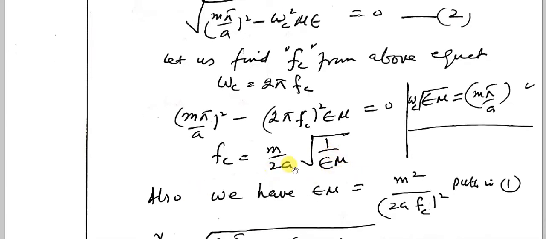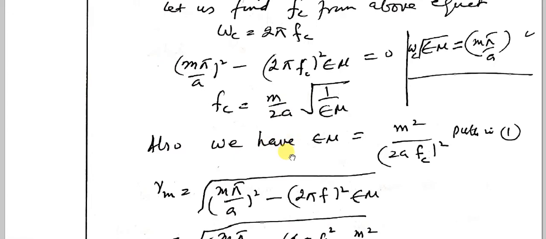Since we have this, omega square epsilon mu is equal to (m over 2a fc) whole square.